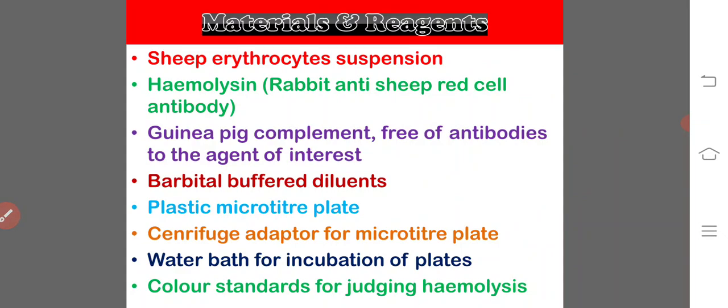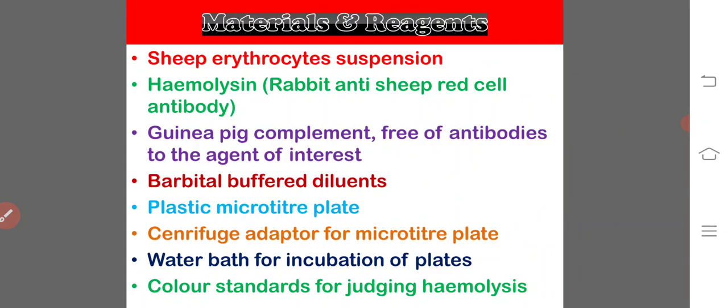Simply we can say that the complement fixation test consists of an indicator system composed of predetermined amounts of sheep red blood cells, rabbit antibodies against sheep RBC, which is nothing but the hemolysin, and the complement protein system, which is generally supplied as guinea pig serum.